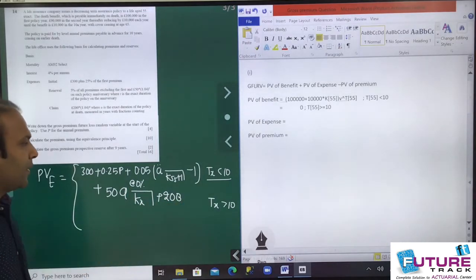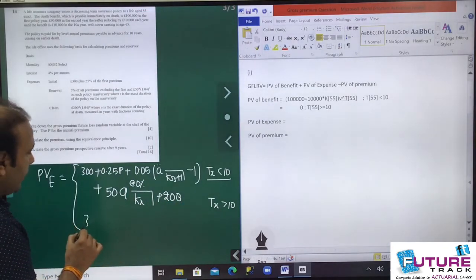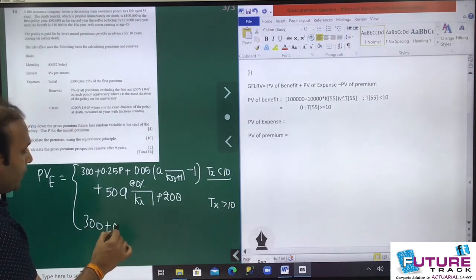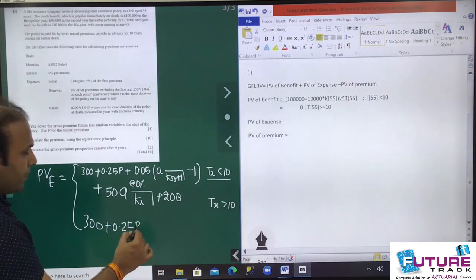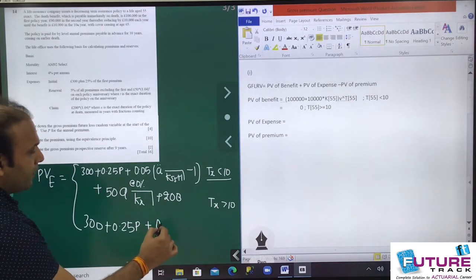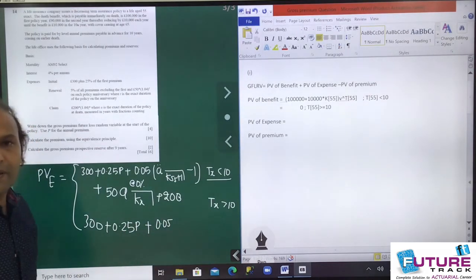If T_x is greater than 10, so 300 will be there, 25% of P will be there, this 5% will be there for 9 years.